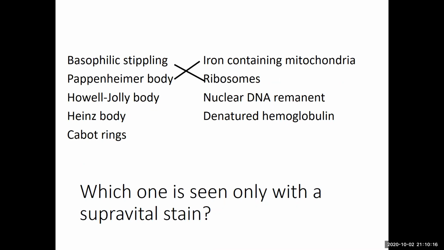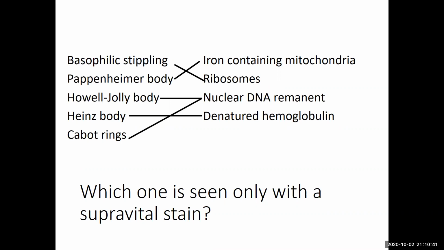Howell-Jolly bodies, does anybody know what this is made out of? I think it's DNA remnant. Perfect, yeah. And then Heinz body? Denatured hemoglobin. Perfect. And then Cabot rings? The remnants of the mitotic spindle, basically. Yes, yes. So basically another nuclear DNA remnant, but yes.